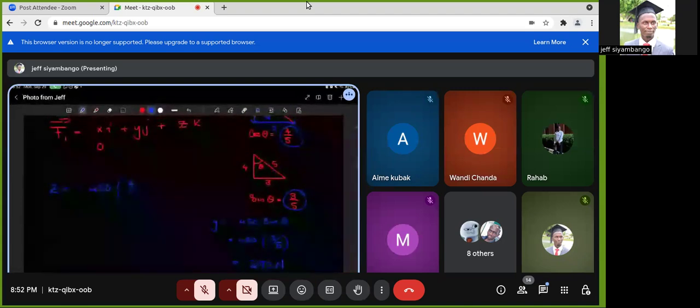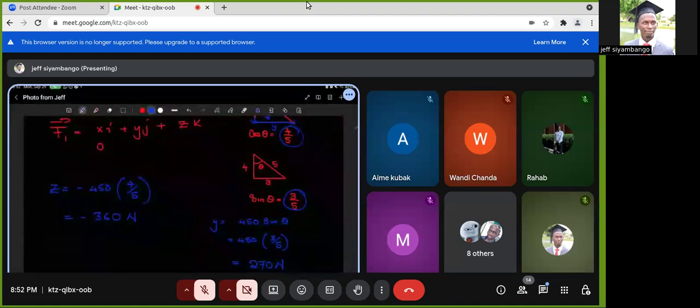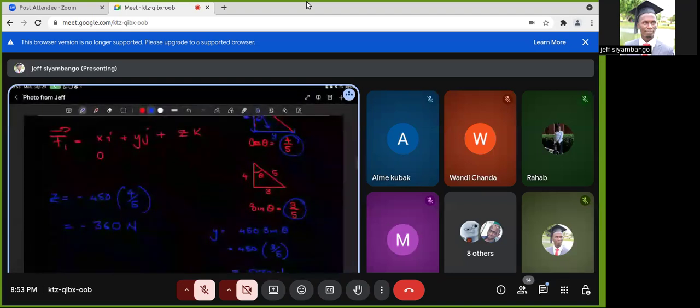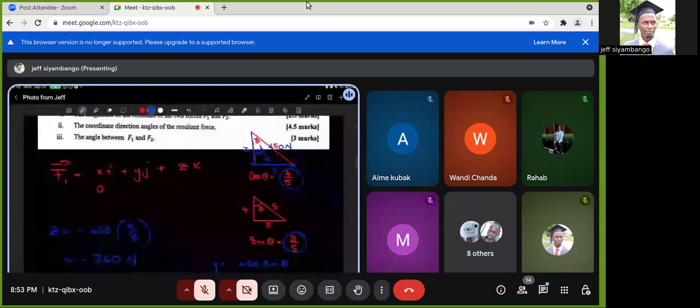If you do the math, we should get minus 360. Is it? Yes, it is. So now that we know y and z, x was already understood to be 0.